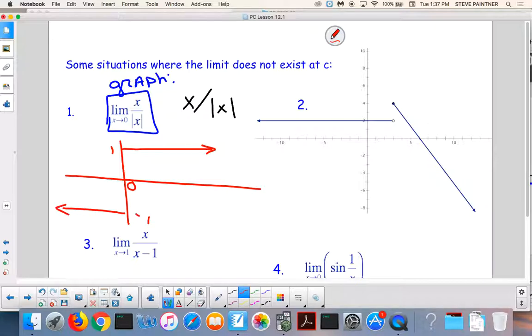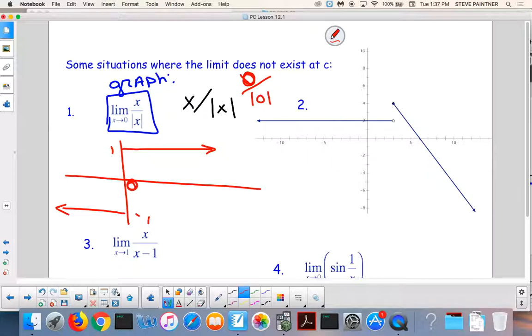So there's a break in your graph, correct? Why is there a break? It's the absolute value, kind of, yeah. The break happened right here at 0. If you put 0 in, you get 0 divided by absolute value of 0.